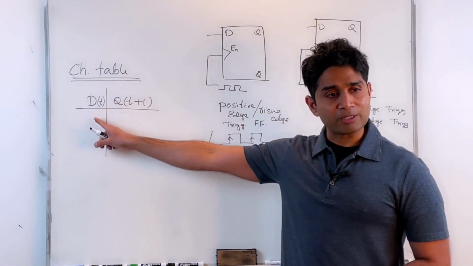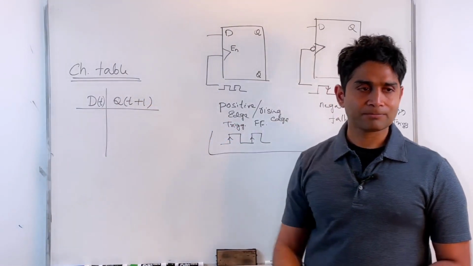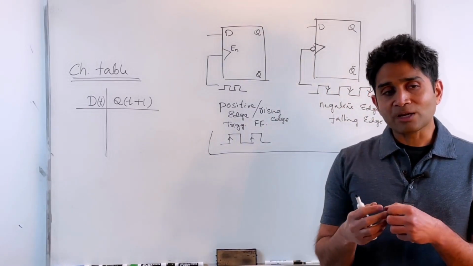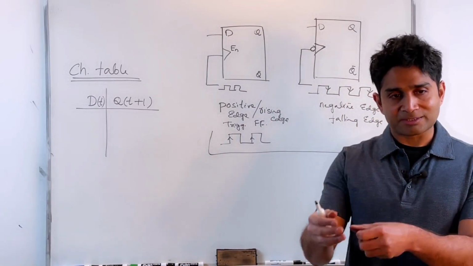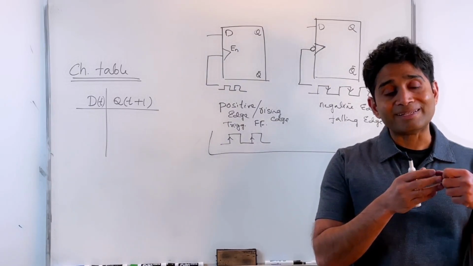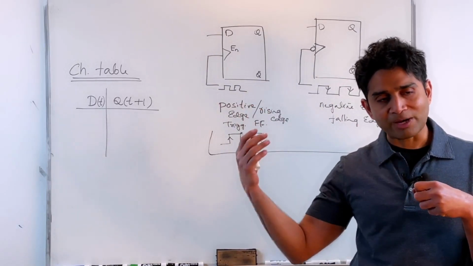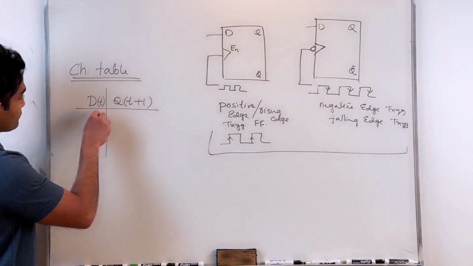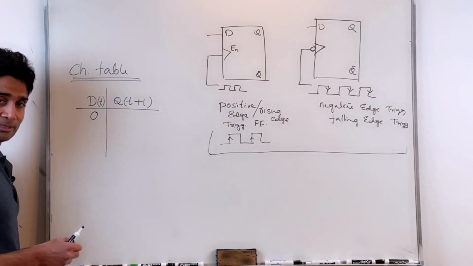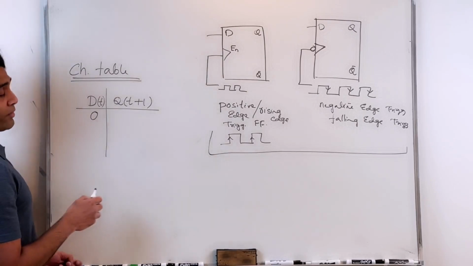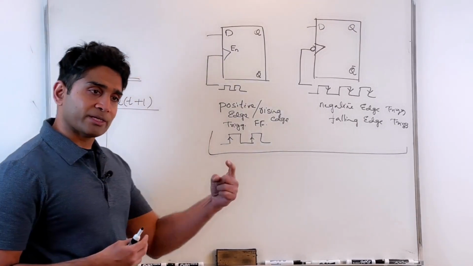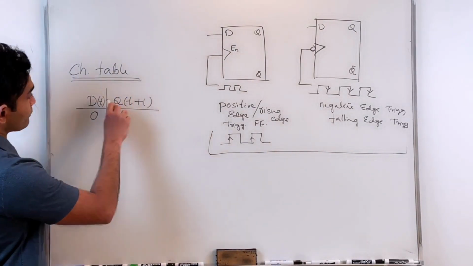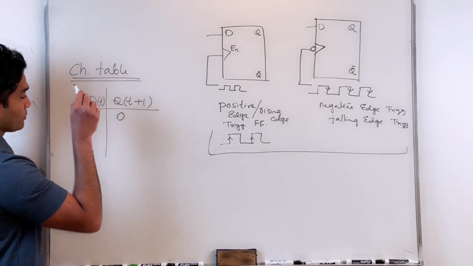What happens to Q on the next triggering instance? I'm applying some value on D. Now my Q does not respond to D unless the triggering instance has occurred, right? So on the next triggering instance, how does my value of Q change? That's what it means. So when I apply a value of 0 on D of T in the present time, then on the next triggering instance, if I wait one triggering instance, then the value of Q of T plus 1 is also 0.